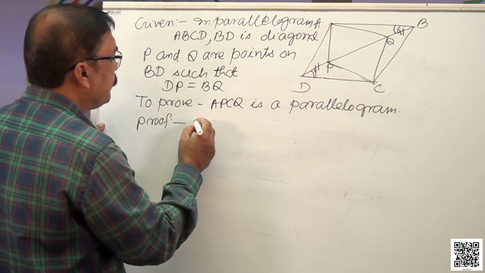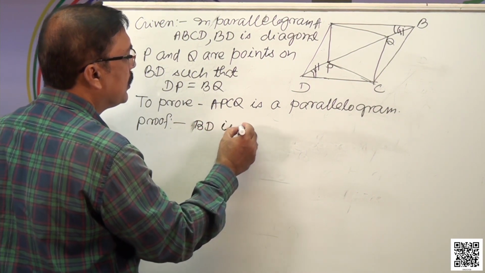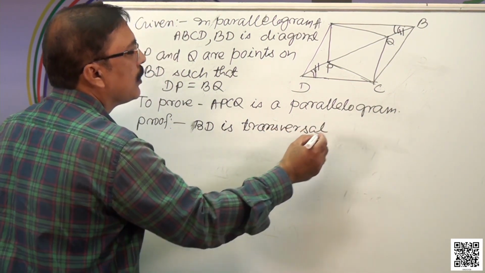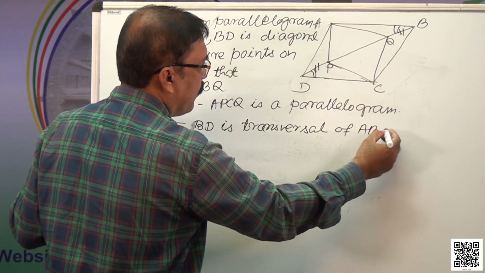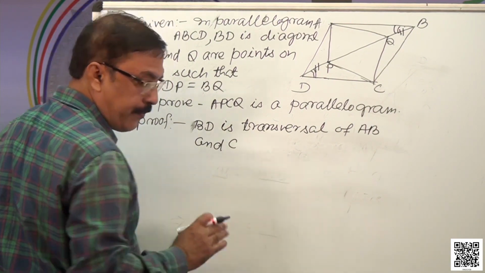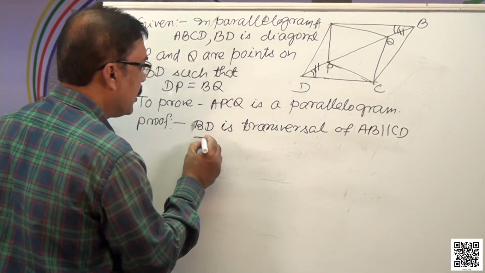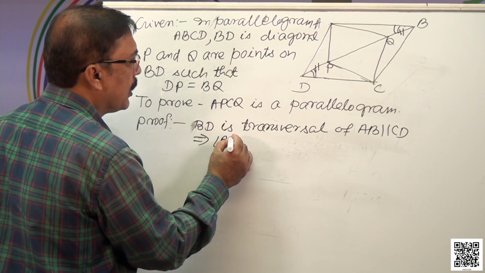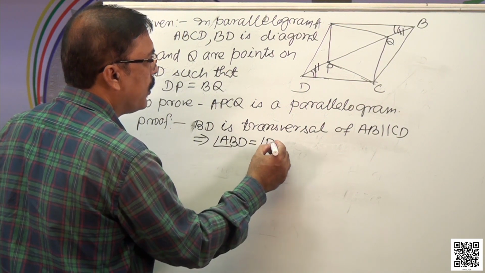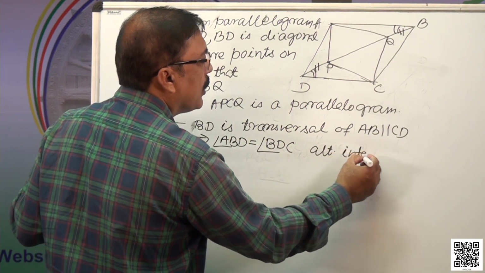So we can write, BD is transversal of AB and CD, AB parallel CD. This implies angle ABD is equal to angle BDC, alternate interior angle.